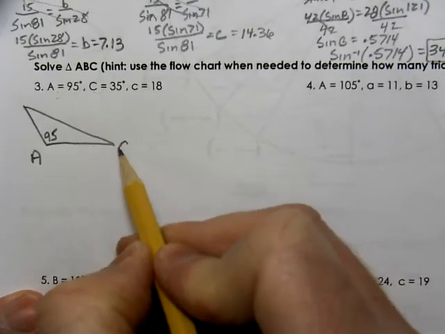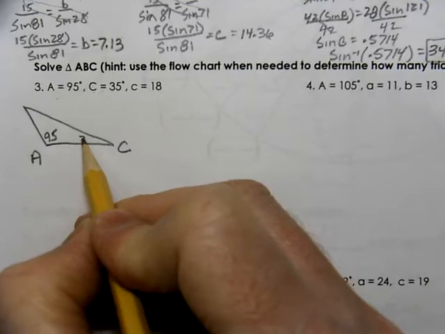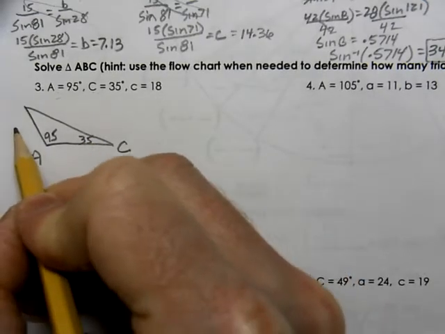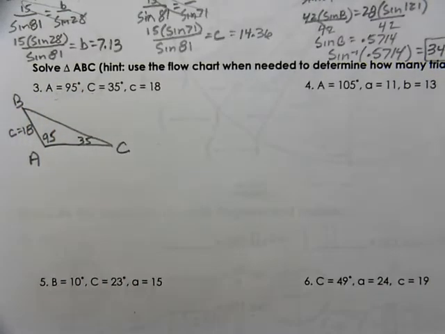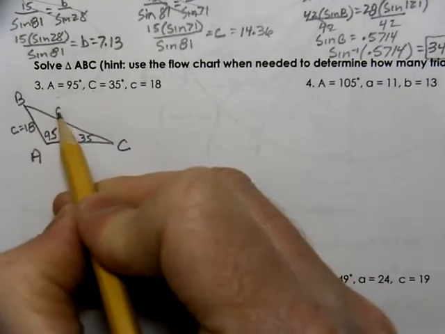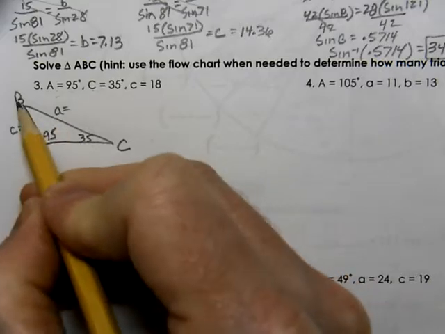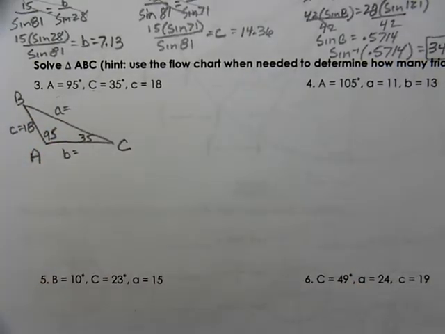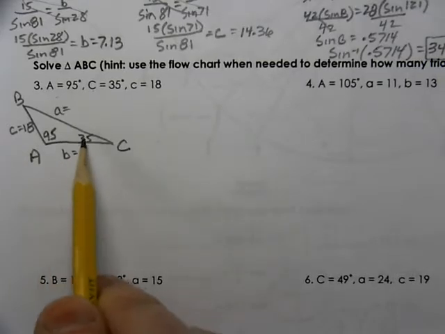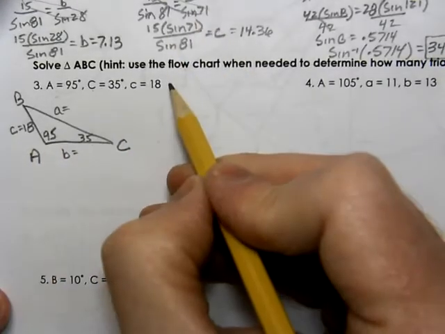They're giving us another side and angle. So this would be side A because it's across from angle A. This would be side B because it's across from angle B. Okay, they're giving us an angle side.